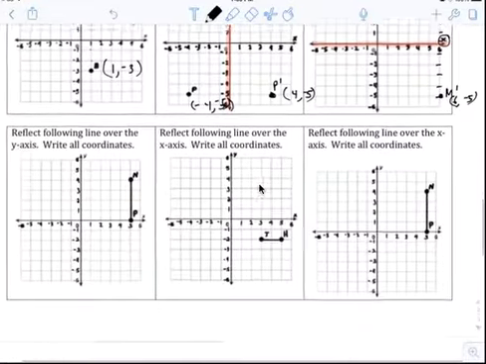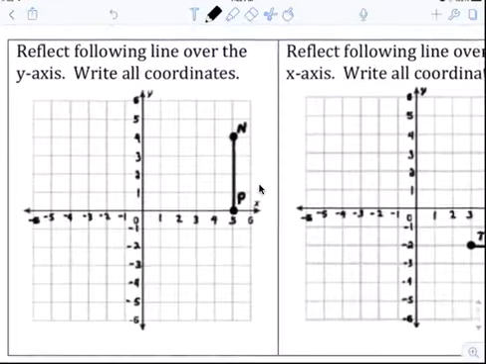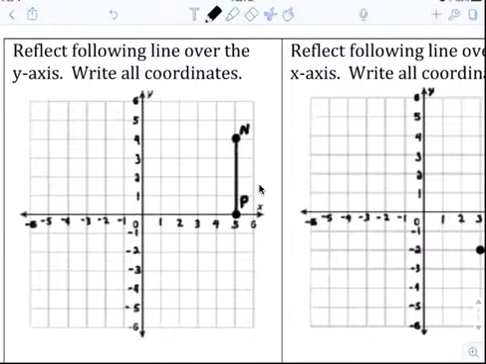This is easy for a lot of kids. Reflect this over the y-axis. Here's the mirror right here. You count 1, 2, 3, 4, 5 away, and then the other way, 1, 2, 3, 4, 5 away. That's the P. Then count 5 away from the mirror again.